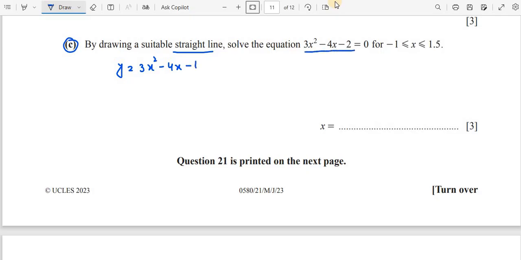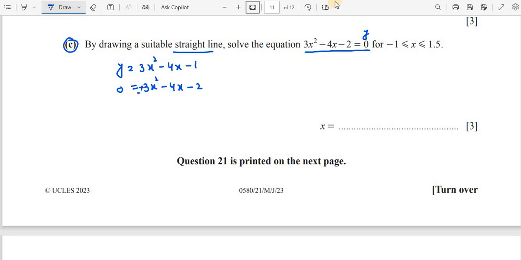The second equation is 0, which means y is equal to 0. So 0 is equal to 3x square minus 4x minus 2. So change the sign.